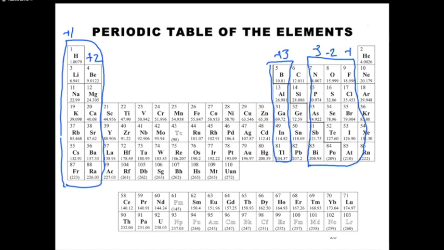I told you transition metals do not behave. This includes the actinide and lanthanide series. We're going to see how they behave a little bit later, and they're not as predictable as we would like. And we need to remember noble gases do not react, and so we will not predict that they will react, become charged. They will not do ionic, nor will they do covalent bonds in normal situations.